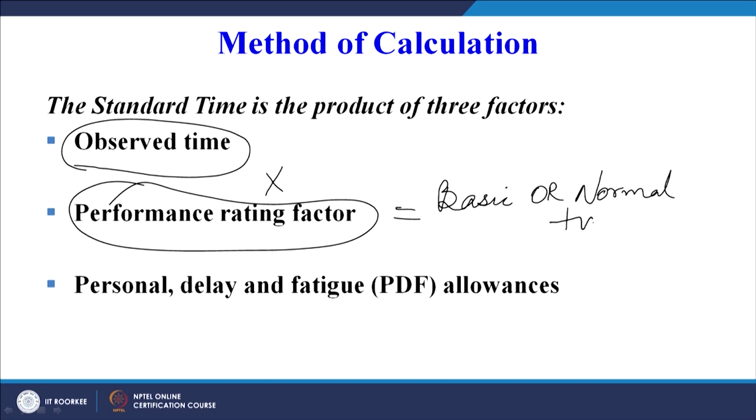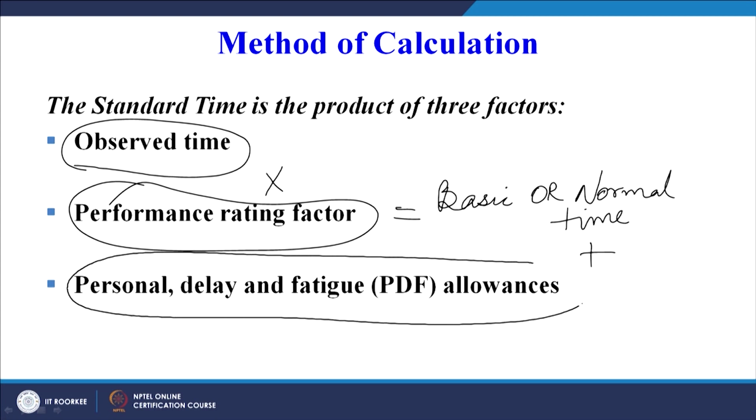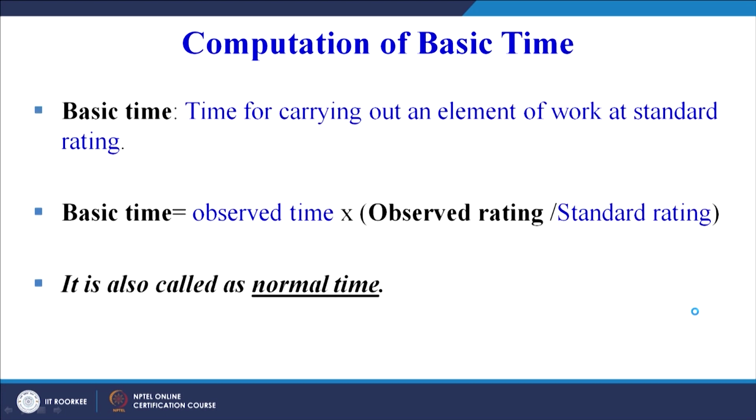When we add the allowances to this normal time, personal, delay, fatigue, plus policy allowance, rework allowance, different types of allowances, we get the standard time, and that is the topic we are focusing on today. Now, how do we calculate the basic time? Already you know.